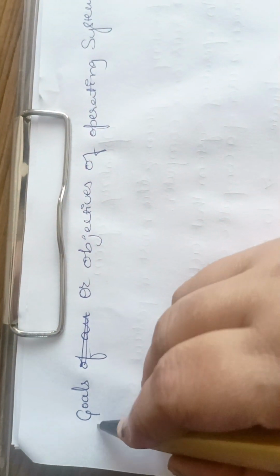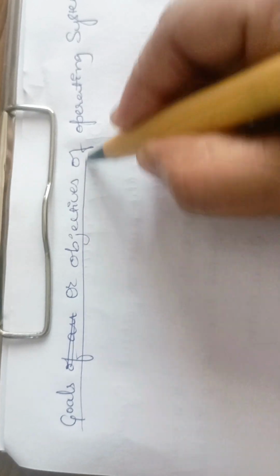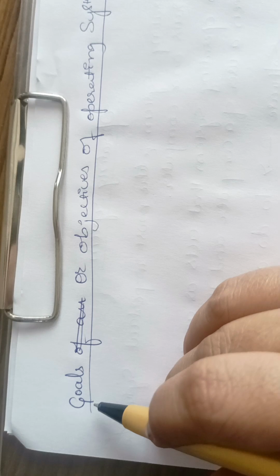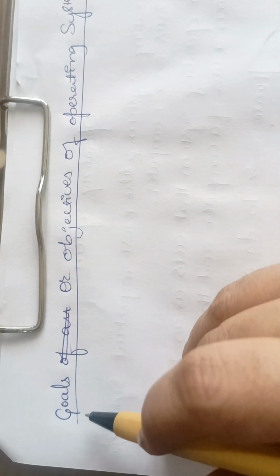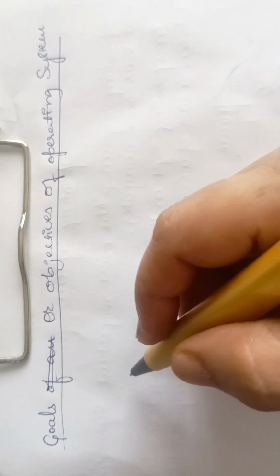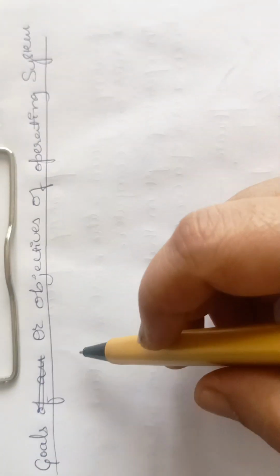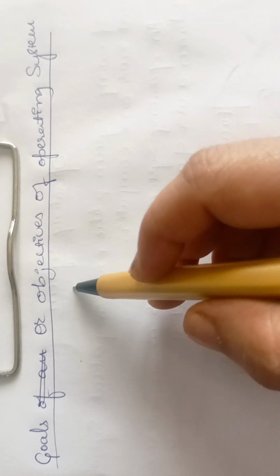So the next topic is goals or objectives of an operating system. What is the main goal of an operating system? Like I told before, it acts as a bridge between the user and the hardware.